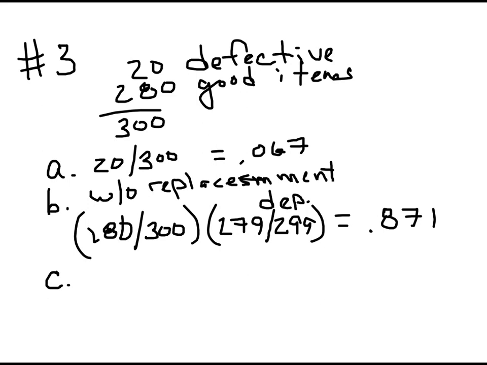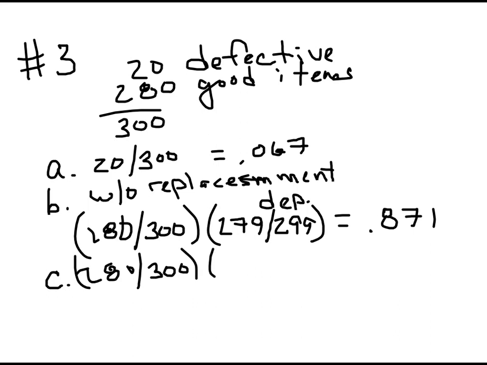C. If 2 items are randomly selected without replacement, what's the probability that the first is good, but the second is defective? Again, these are without replacement, so that makes these dependent events. The probability of the second event is dependent on the outcome of the first event. So the first item is good, so that means the probability, again, is 280 out of 300.